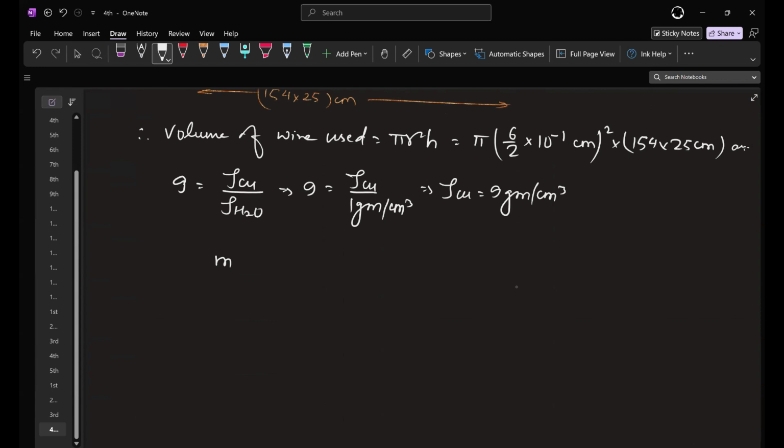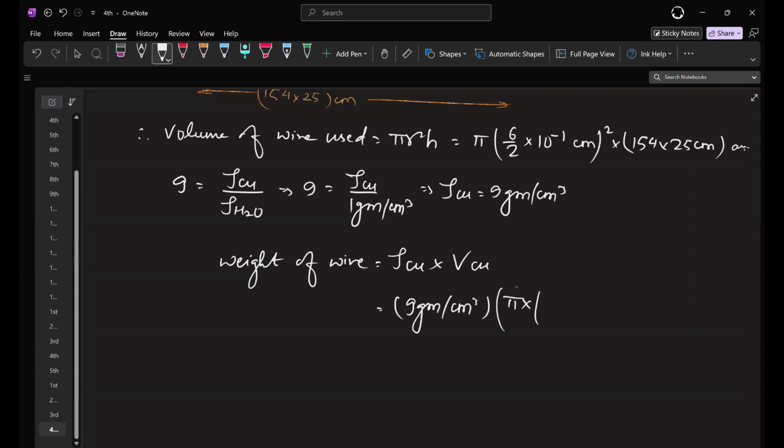Now, weight of wire. What is weight or mass? It is density into volume. Am I right? Density is 9 grams per centimeter cube. And what is volume? It is pi into 6 over 2 into 10 to the power minus 1 whole square into 154 into 25 centimeter cube.